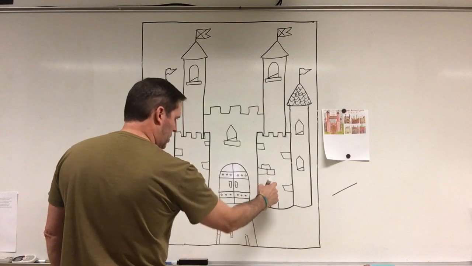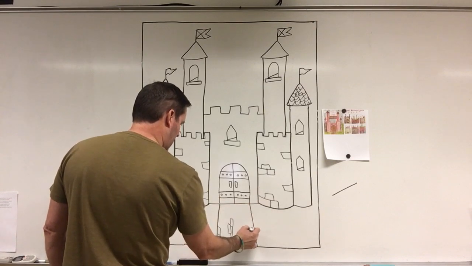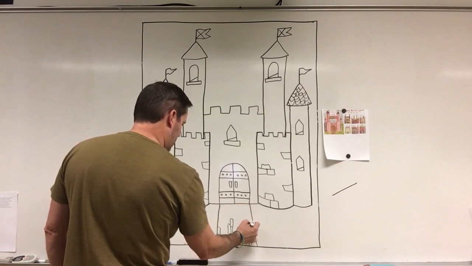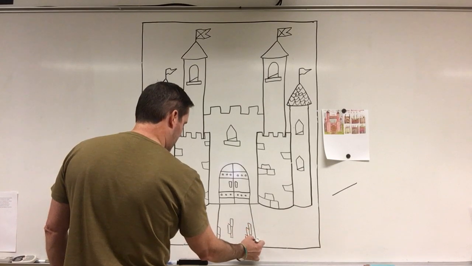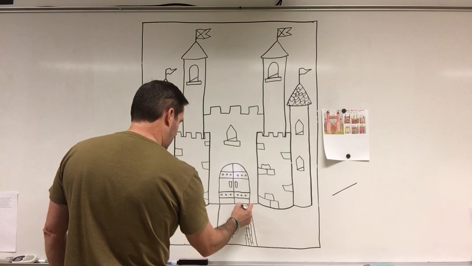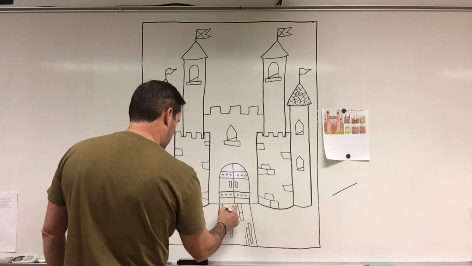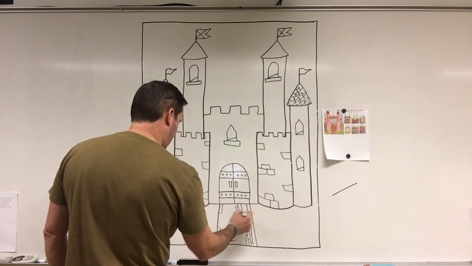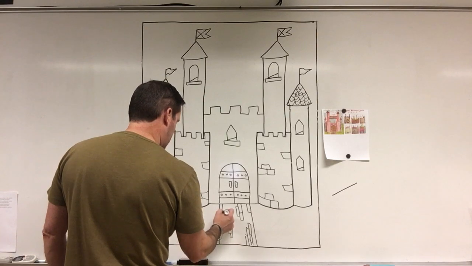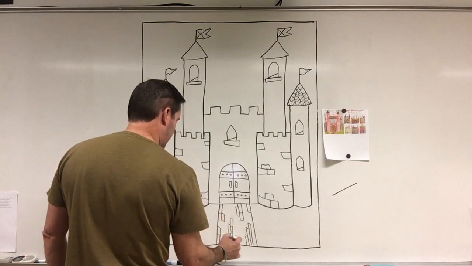Kind of like our walls where we just did some stones. Or if you want to take the extra time, you can do all the bricks. You can make the whole pathway all bricks instead of just doing some. It's up to you.